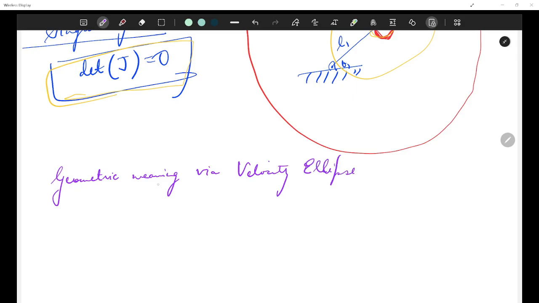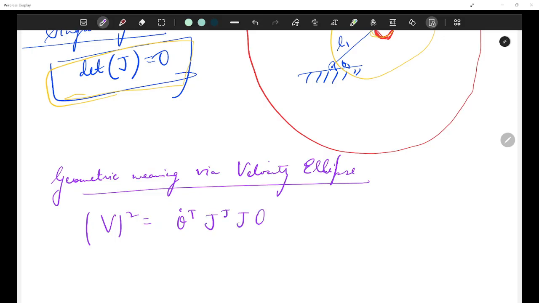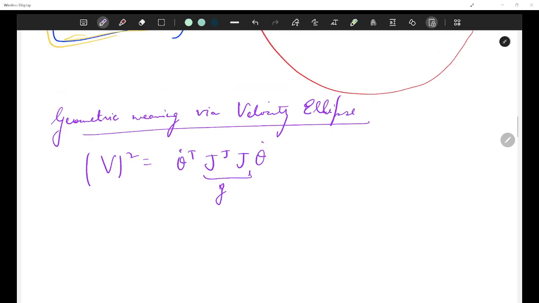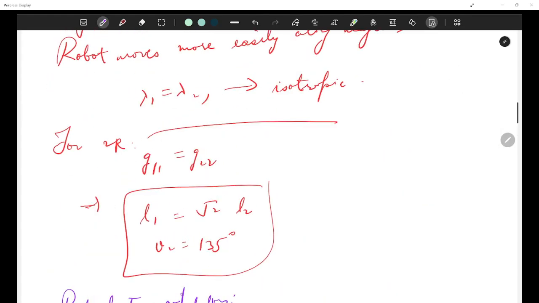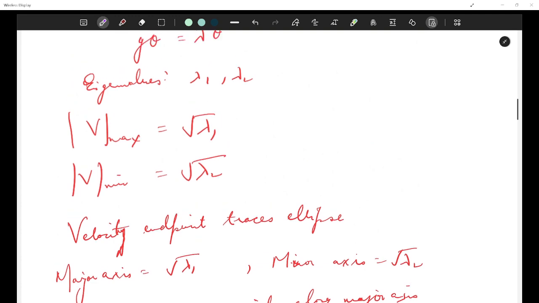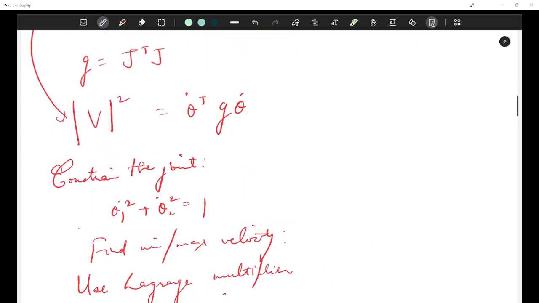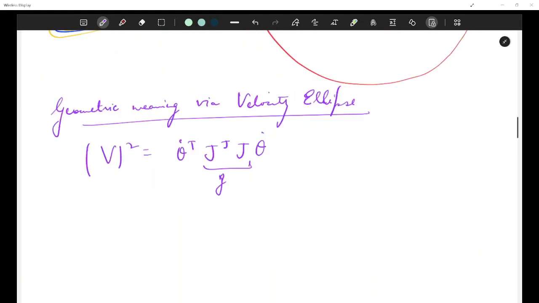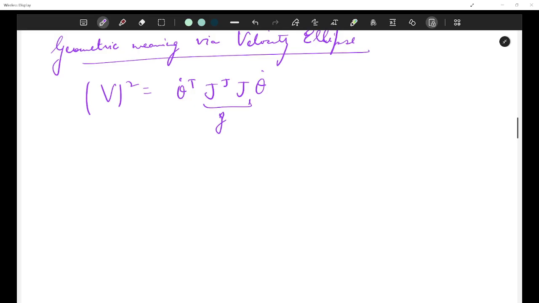So we already saw this: V squared is theta dot transpose J theta dot, where we said that this is the G matrix. To match the dimension, it should be G. So at singularity, what would happen?